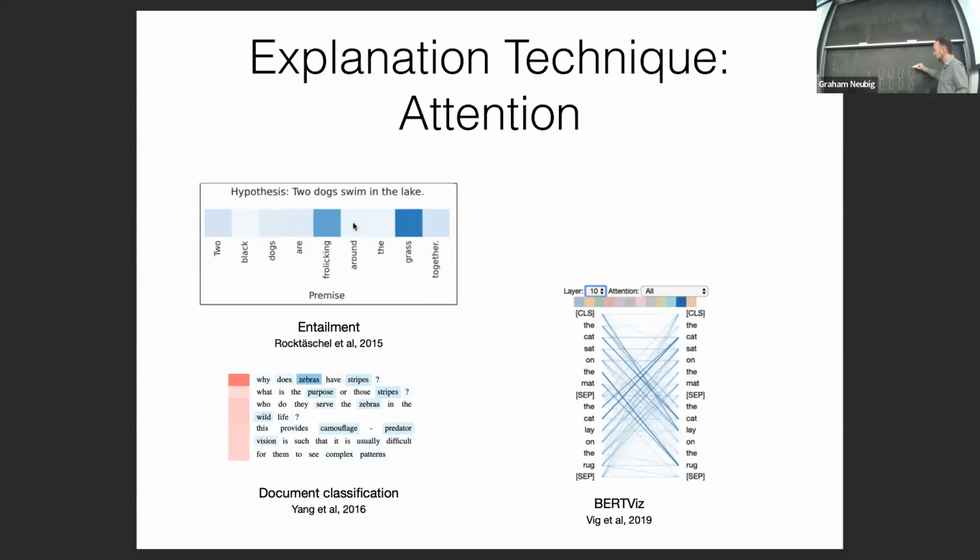for these gradient-based techniques, there's an intuitive explanation, which is: if I take a very small step, how much is this going to affect the prediction? For attention, there's no intuitive explanation. We really can't say anything about how we would expect a particular input to affect the model based on the fact that it has a high or low attention value. And in fact, there is a series of papers on this.